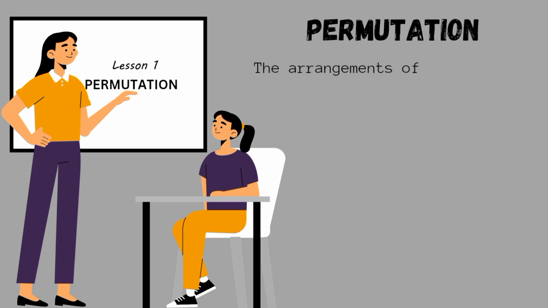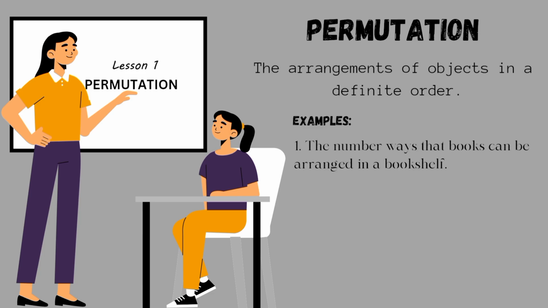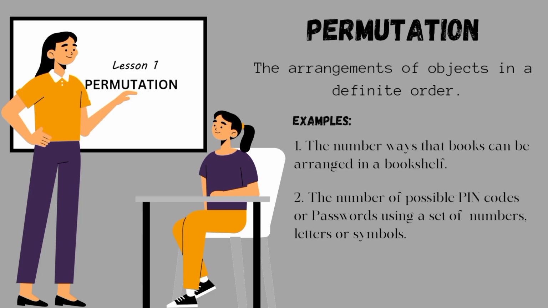Permutation refers to the arrangement of objects in a definite order, meaning to say that permutations are all the possible arrangements or outcomes of objects where order matters, or that it is the mathematical concept of finding the possible arrangements or total number of outcomes of certain things, such as arrangement of books in a shelf, the possible PIN codes or passwords using digits or letters. It could also be possible pairings of objects and etc.